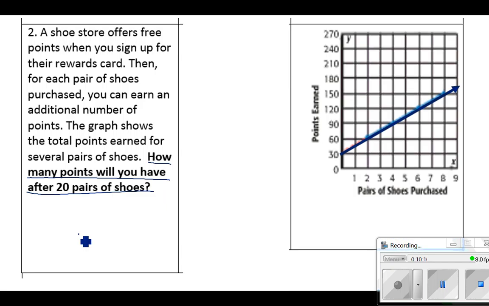So we're going to look at the graph because that is the one thing that is actually filled out for us. I'm going to look at the graph and try to figure out what my equation is going to be. And I'm going to find the points that I can use to do that.